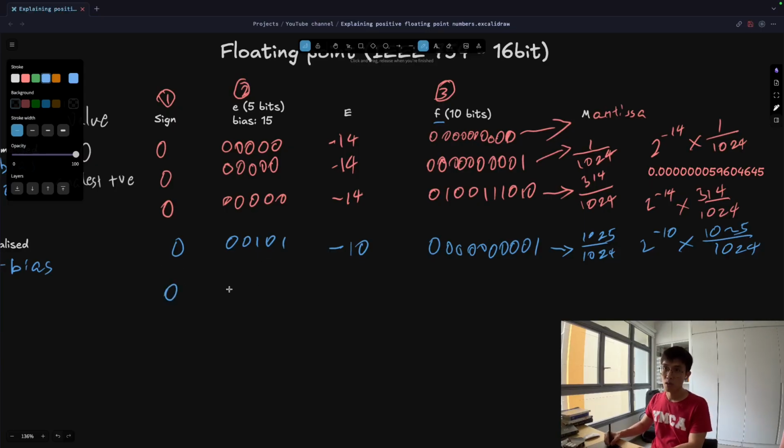See what happens. So 1, 1, 1, 1, 0, the biggest possible E, that is still a normalized number. So this is 1, 2, 4, 8, 16, 24, 28, 30. 30 minus 15 is 15.